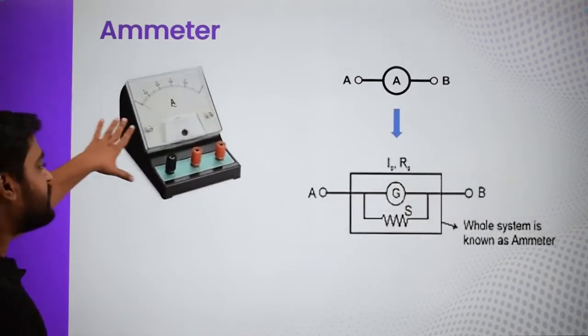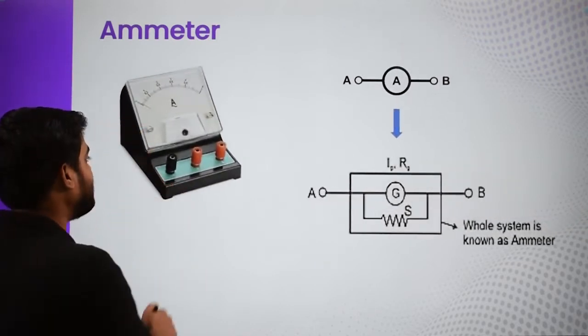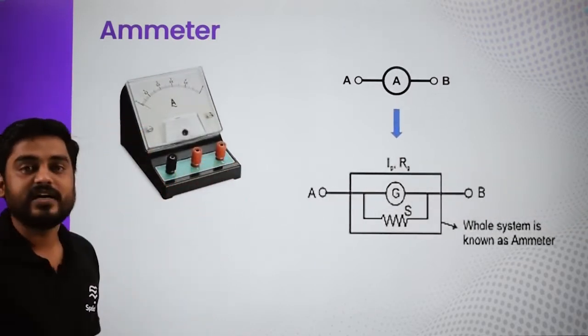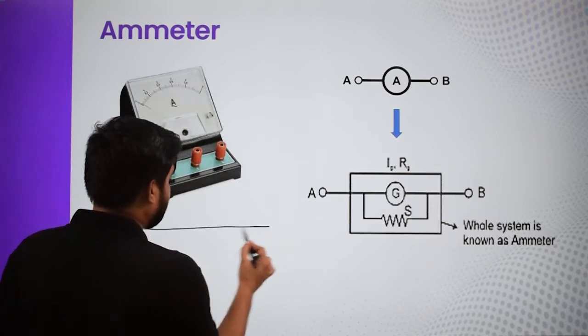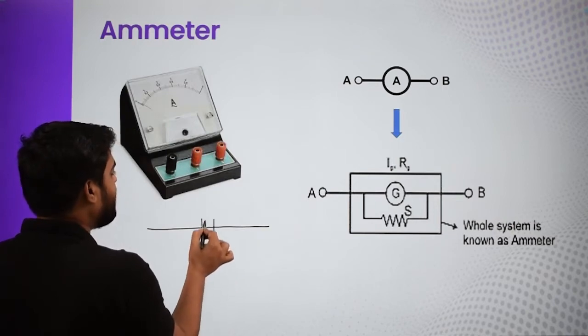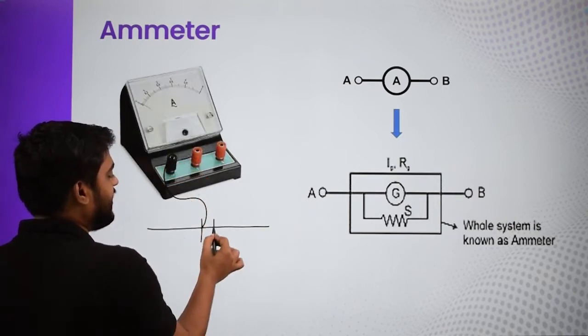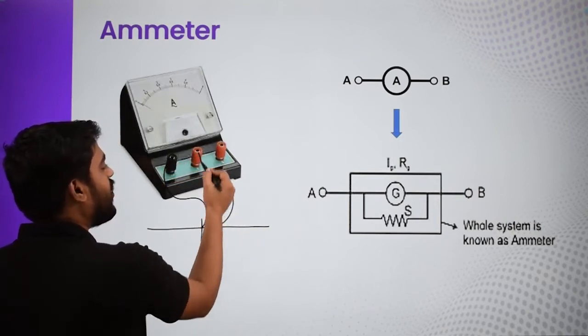Now, this is how it looks in the lab. You can see a black and two red connections. If this is the wire, then we break the wire from here, and one wire has to be connected over here and the other has to be connected either over here or over here.